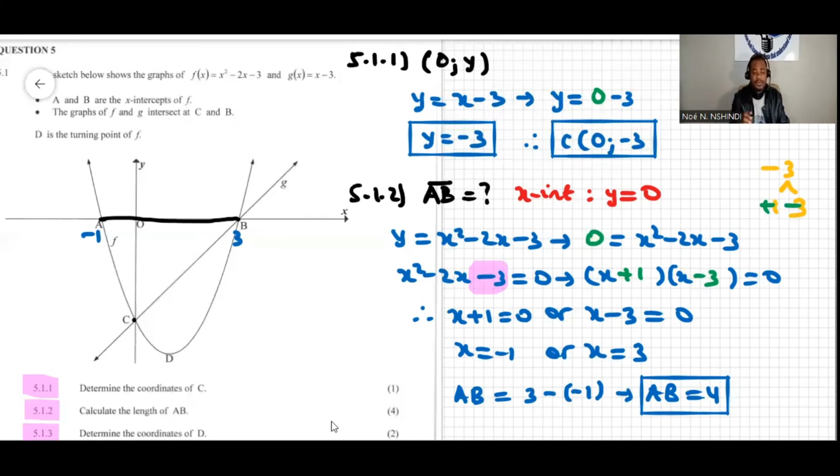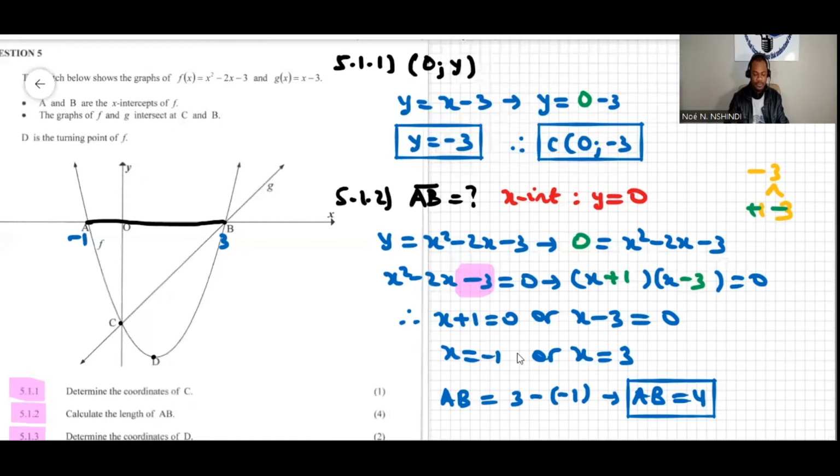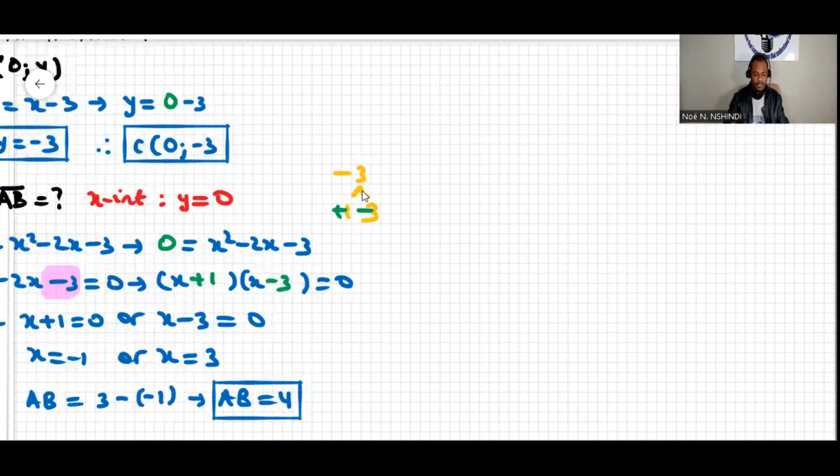Now we're going to do question 5.1.3, that says determine the coordinate of D. Where's D? We can see that D is over here. D is the turning point of f. Let me move my board this way, and move all this over here because of space.